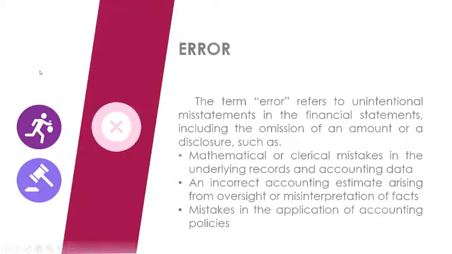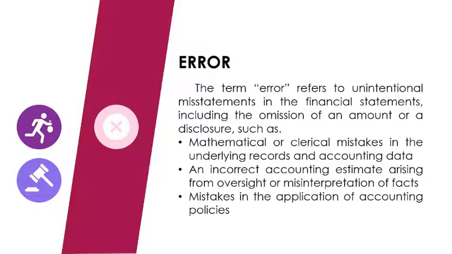So first is, of course, error. Now, when we talk about error, it refers to unintentional misstatements in the financial statement. The keyword here is unintentional, meaning the individual didn't really plan to commit such a mistake or such an error.